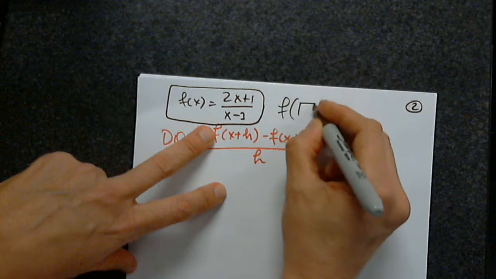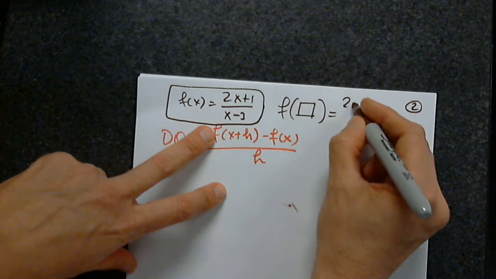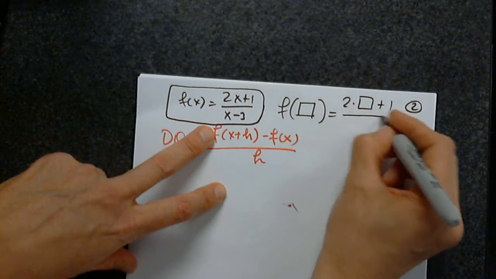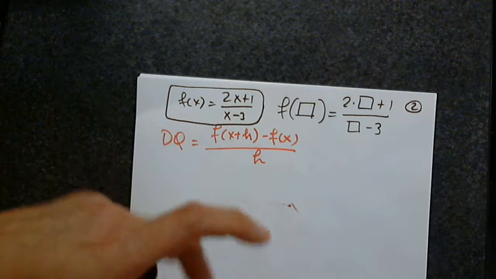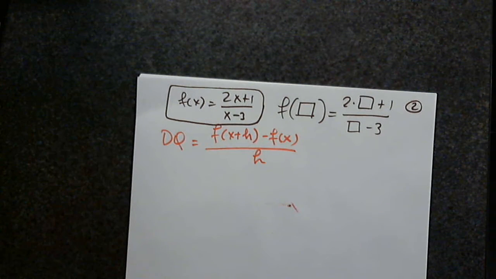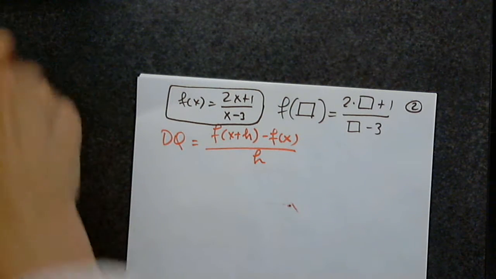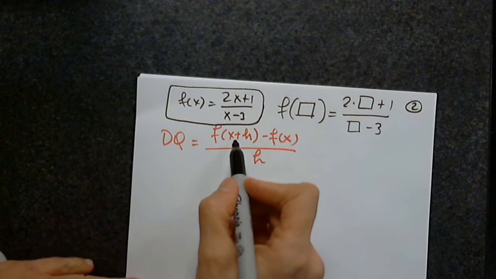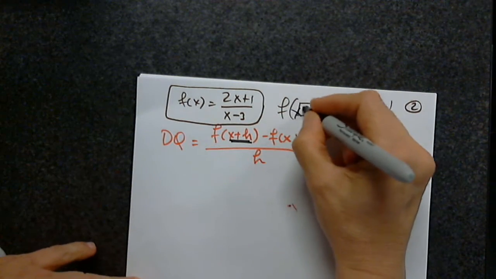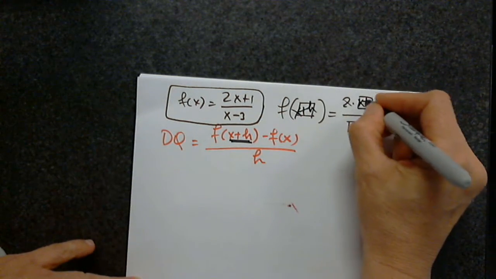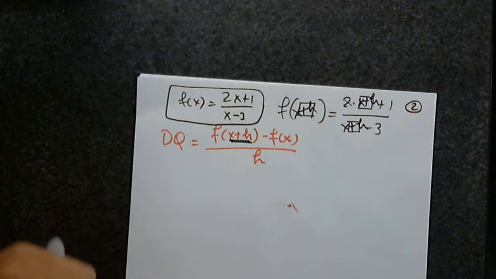So if you ask me what I see here, this is what this function is telling me. It's telling me that f of blah equals 2 times blah plus 1 over blah minus 3. So now if I replace blah by whatever I want, like x plus h, I have to replace it everywhere by x plus h.